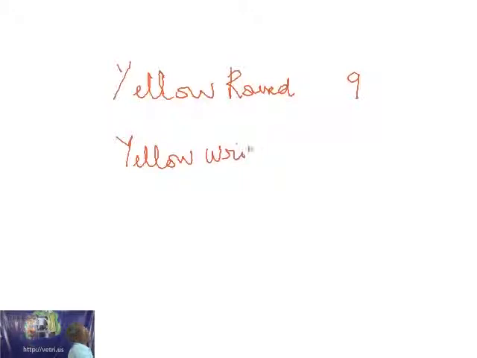For example, see, in a dihybrid cross, how many yellow round plants are there? Yellow round, 9. Then yellow wrinkled is 3.